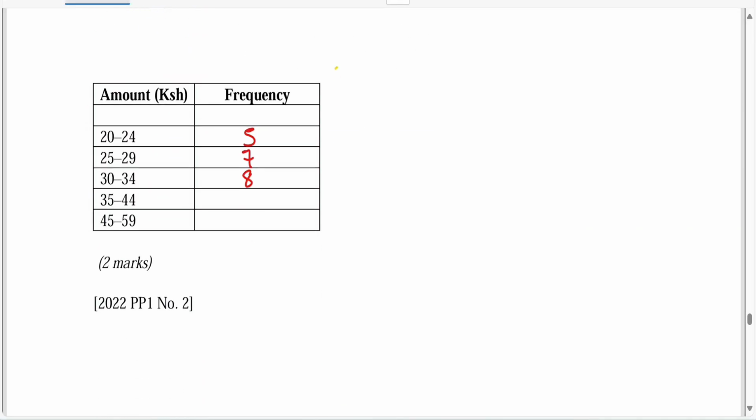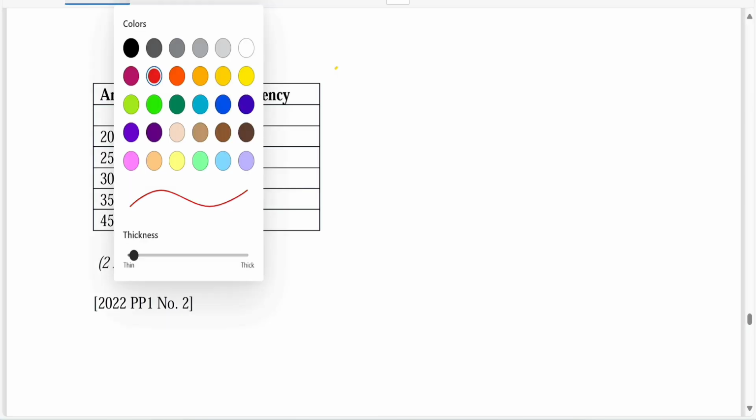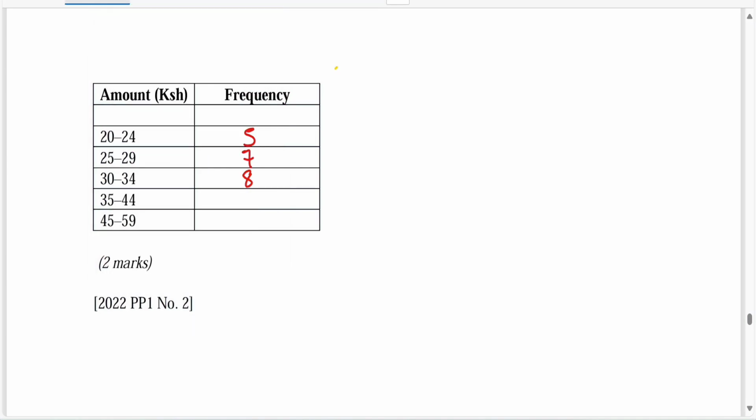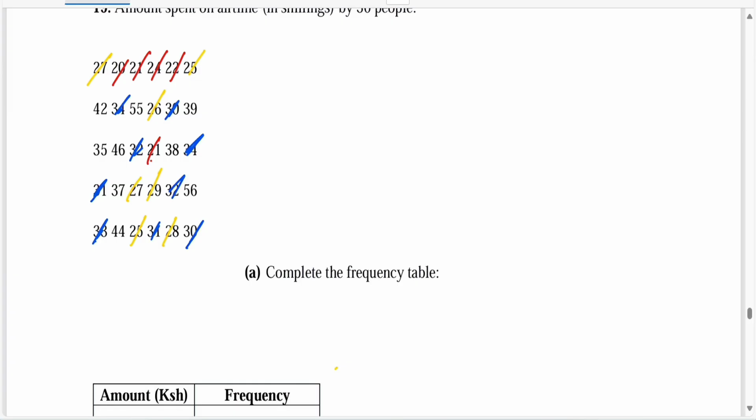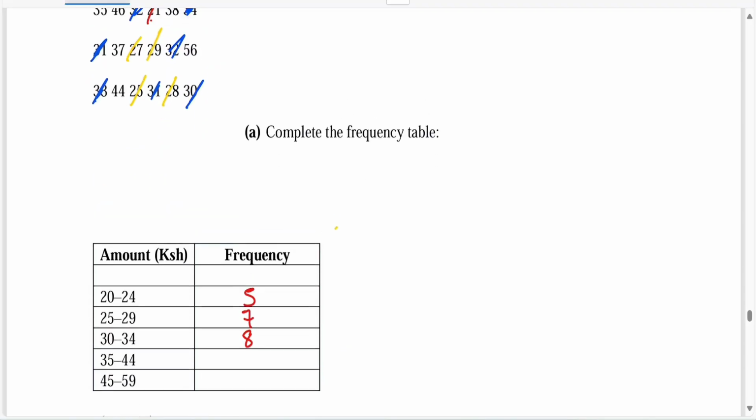So 8. 35 to 44. Let's use another one also. Let's maybe use this. 35 to 44. Is it 35? It's 35 to 44.